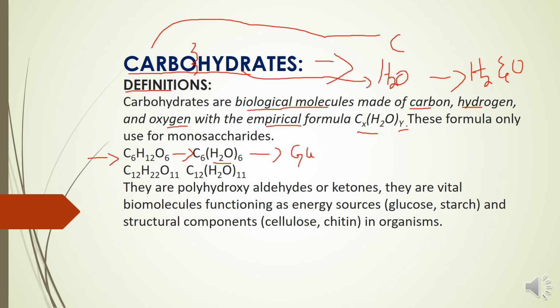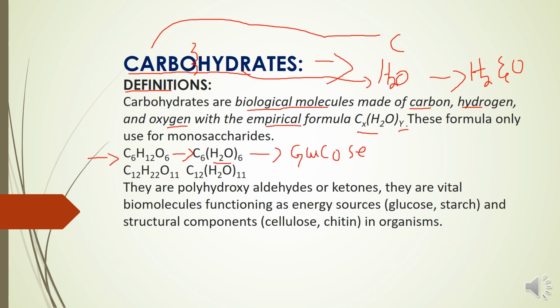Again, C6H12O6 is the formula of glucose. When we write it in the empirical formula, it is C6(H2O)6. 6 times 2 is 12, 6 times 1 is 6, so our formula becomes C6H12O6.